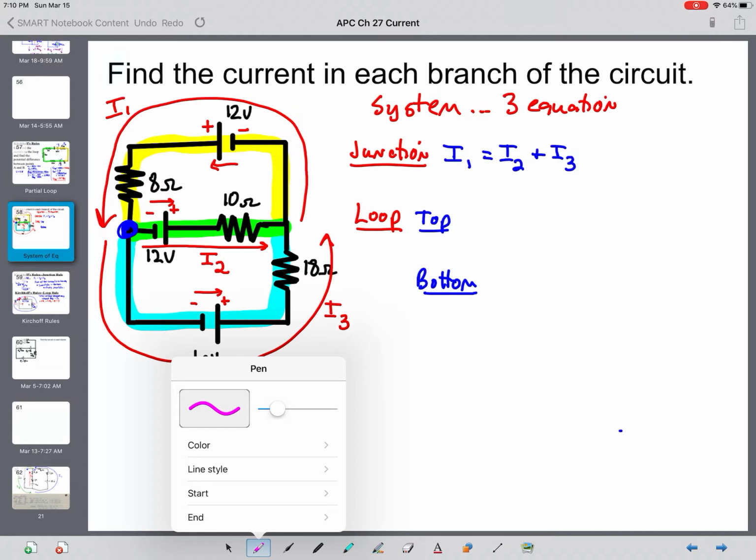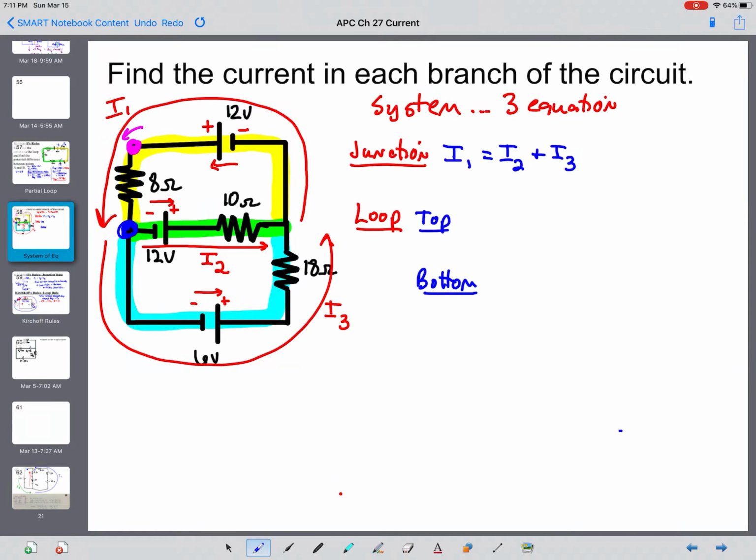On my top loop, I can start at any location I want. I'll start right up there in the top left corner, and I'm going to go around in a counterclockwise direction, spelling out each different voltage loss or gain as I go around that top loop until I get back to that pink spot.